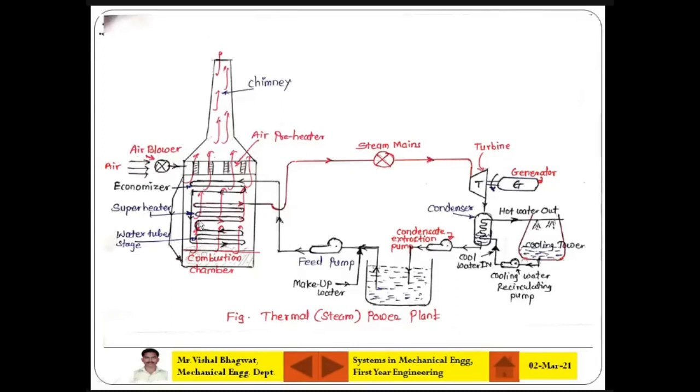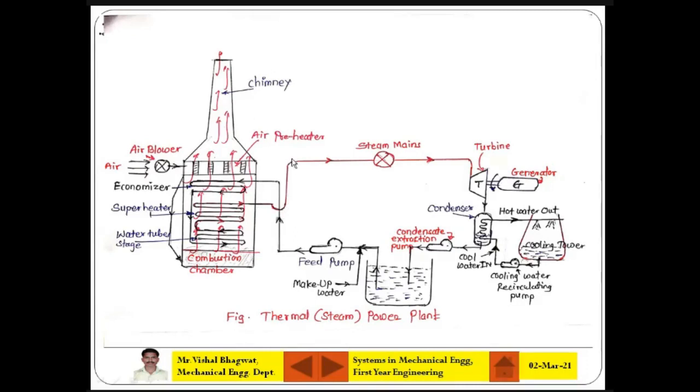Because when the hot passing gases are in contact with this section of tubes, this steam, which is actually wet steam having water droplets, gets heated and converted into very high pressure and high temperature steam. That's why we say it is superheated steam. In the superheater, you get superheated steam, dry steam, very hot, at high pressure.